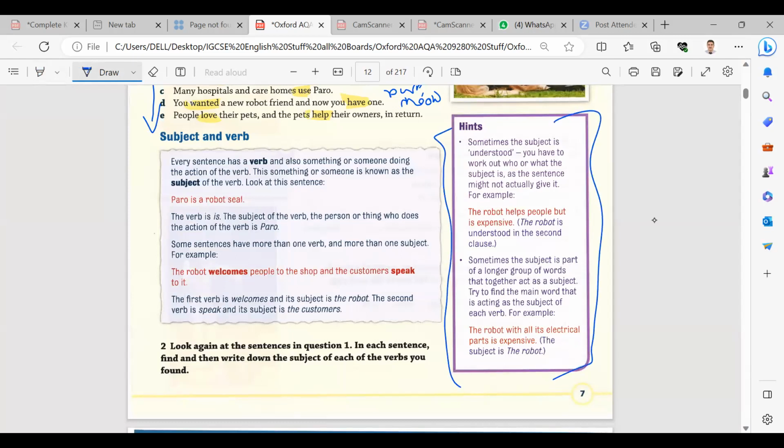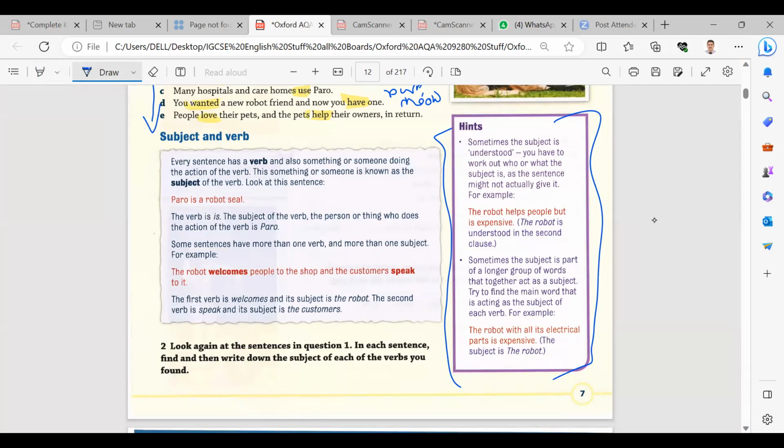Subject-verb agreement. Read it, please. Sometimes the subject is understood. You have to work out who or what the subject is, as the sentence might not actually give it. For example, "The robot helps people, but it's expensive."